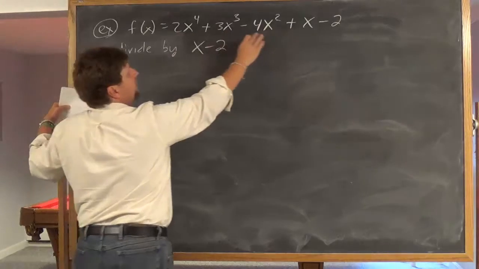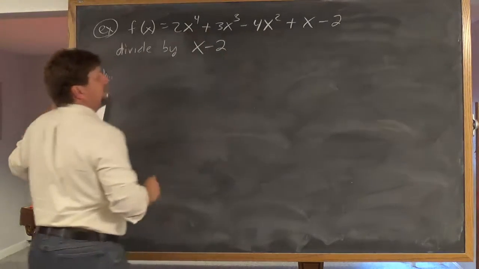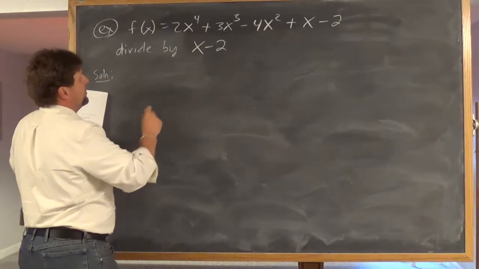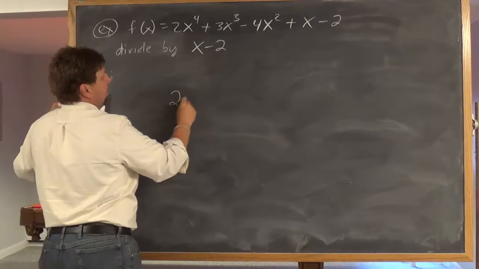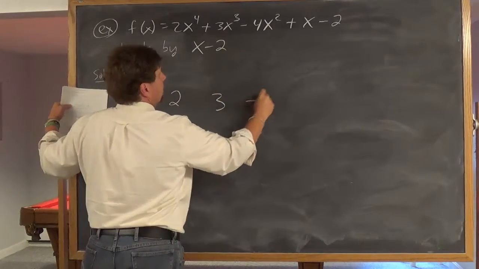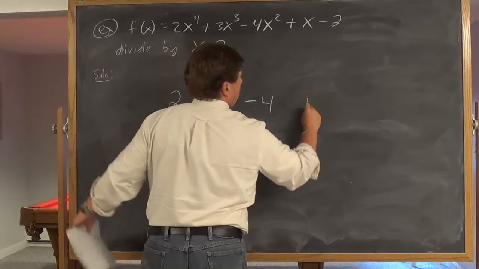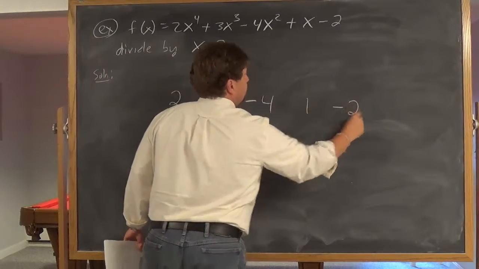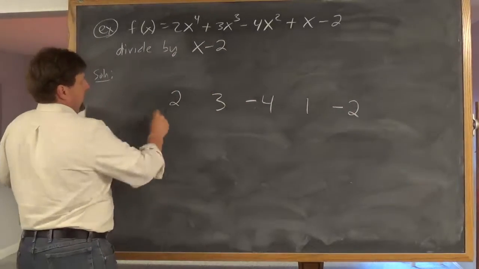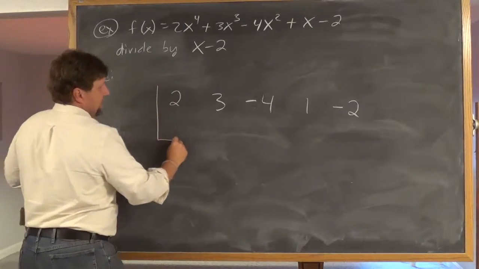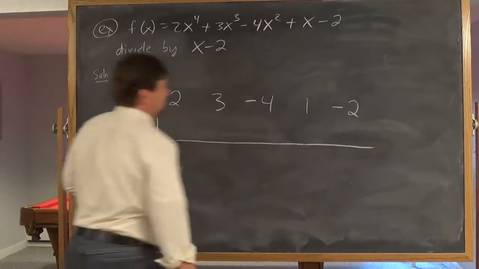You write down all the coefficients of the function that you are going to divide. So you write down the 2, 3, negative 4, 1, and negative 2. And then I make a structure like this.